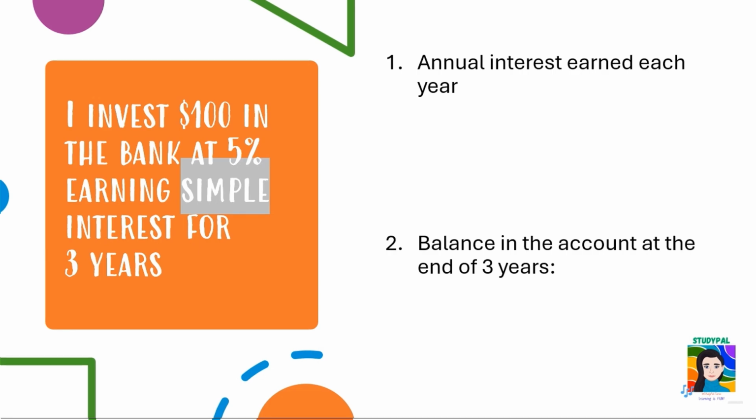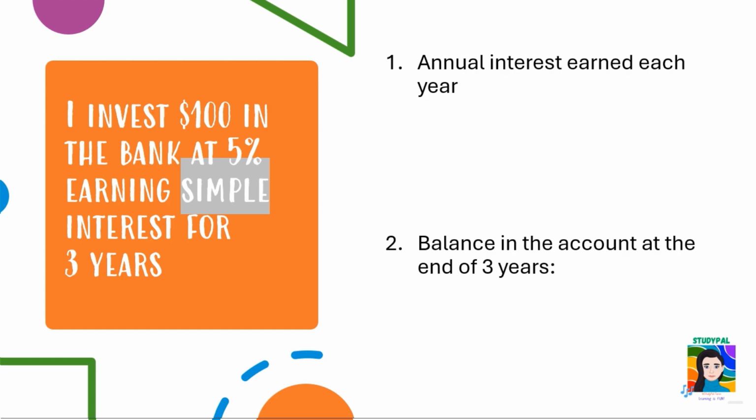Here's an example. So I'm investing $100. The interest rate is 5% and it's simple interest. And this is for 3 years. So it's an easy question. Always the annual interest earned will be the same in case of simple interest.